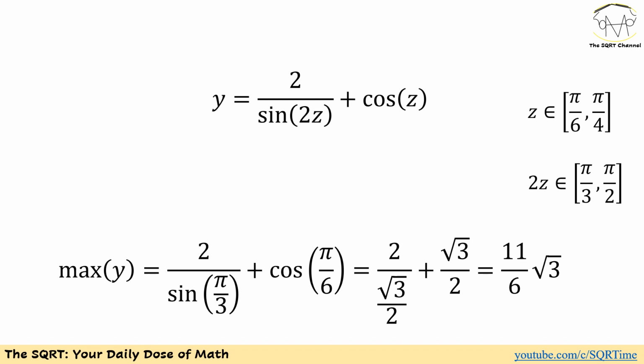Then 2z is going to be pi over 3, and sine of 2z is going to be square root of 3 over 2. Cosine of z is going to be cosine of pi over 6, which is basically square root of 3 over 2. And then if you add them together, you will end up with 11 times square root of 3 over 6, and that's our final answer.